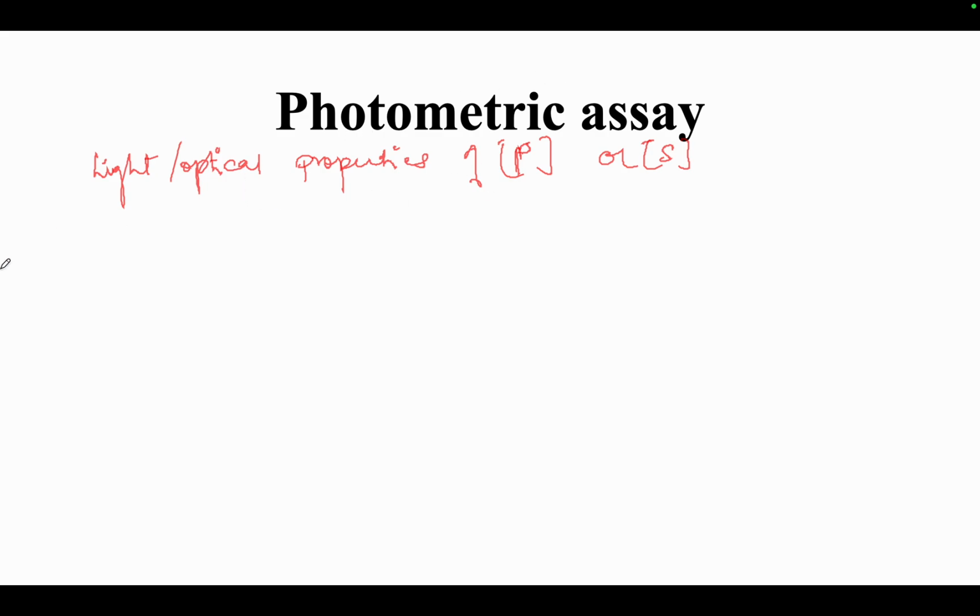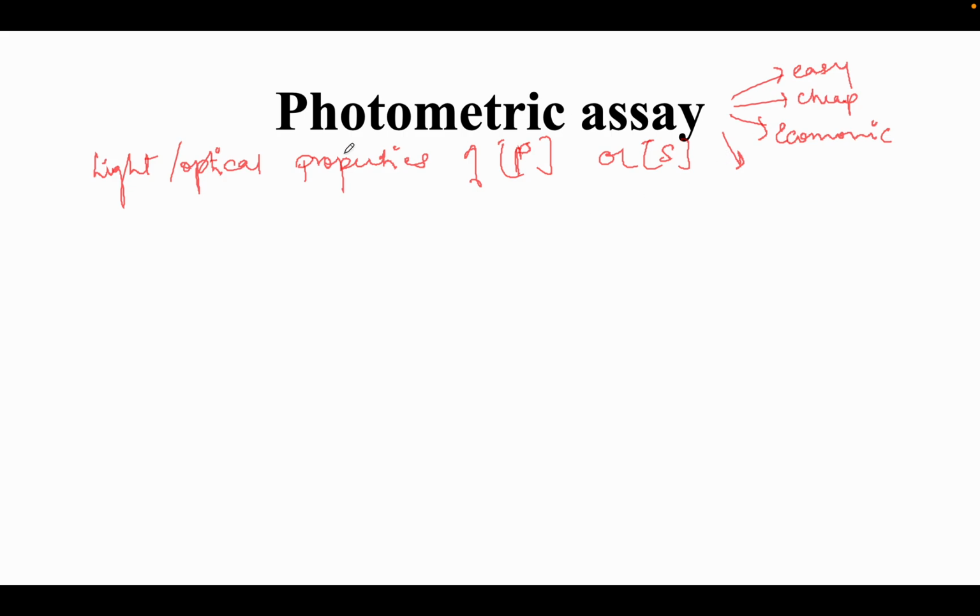There are many advantages of photometric assay. It's widely used because it's very easy and cheap. We have different spectrophotometers present in our lab, so you can easily measure using absorbance or fluorometers or spectrophotometers. It is very economic, and the reagents are also very cheap.